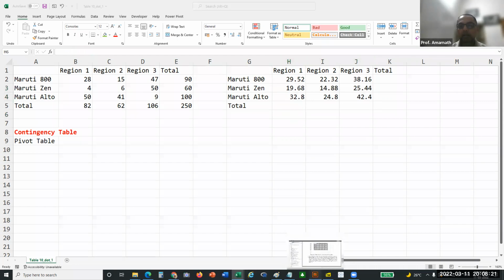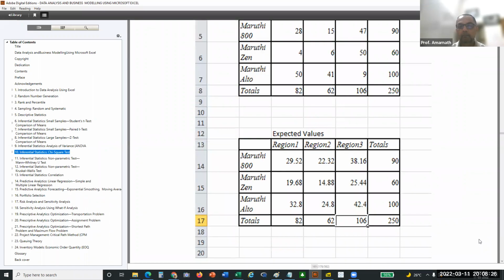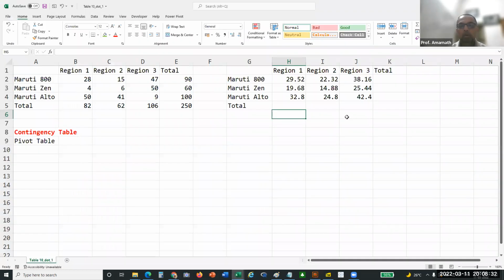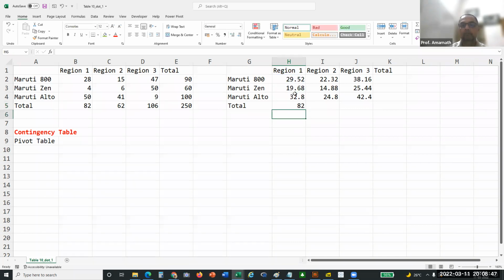Am I getting it correctly? $29, $19, $32. Okay. So if I have to take the sum of the... correct?